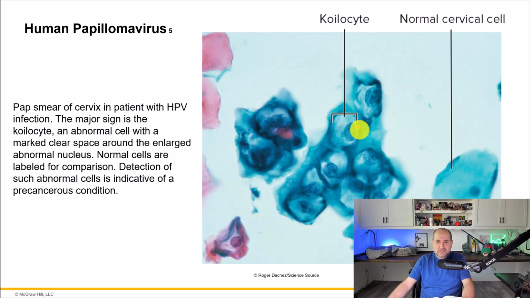So you see this nucleus is much larger than the standard nucleus of a normal cervical cell. Detection of such abnormal cells is indicative of a precancerous condition caused by HPV. And early detection is key to preventing cervical cancer and metastasis.